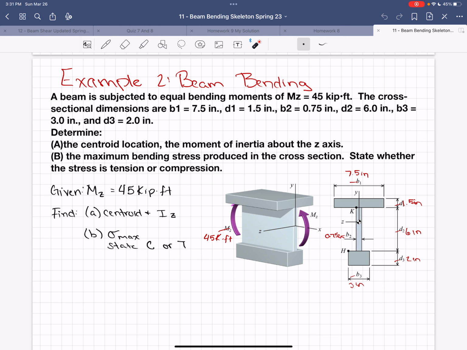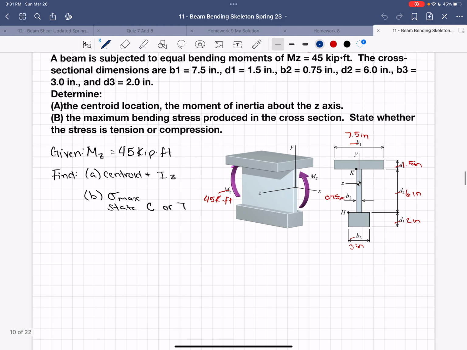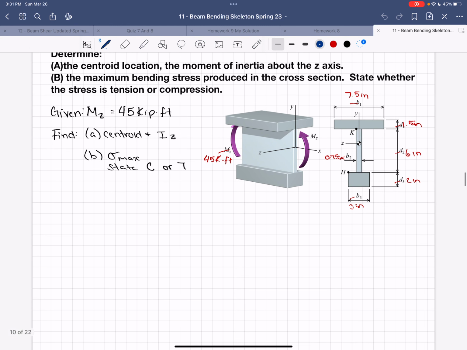Okay, so we're going to start with part A, the centroid and the moment of inertia, and the way we do that is we make our tables.